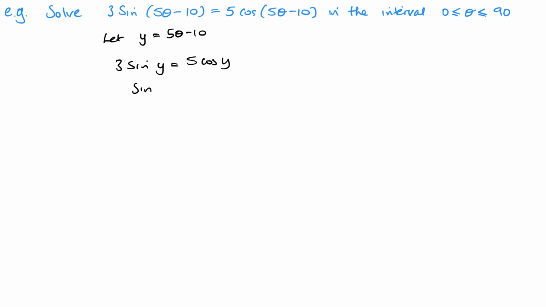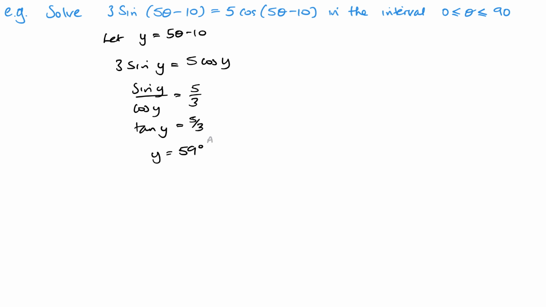Divided by cos gives us sine y over cos y on the left, and divided by 3 gives me 5 over 3. So tan y equals 5 over 3. And of course I can find out what y is, and that is 59 degrees, or 59.0 if you're going to do it to 3 significant figures. I'm going to store that in A, to make it nice and easy to use.